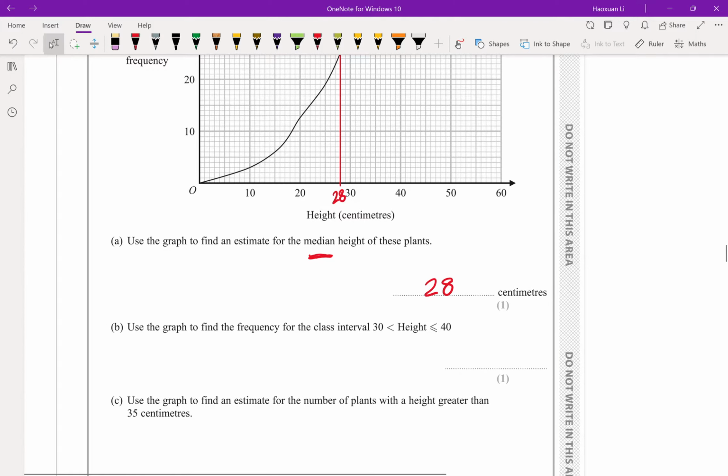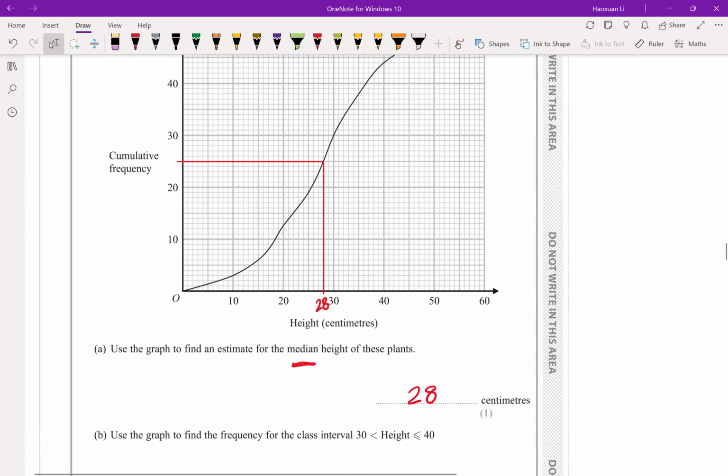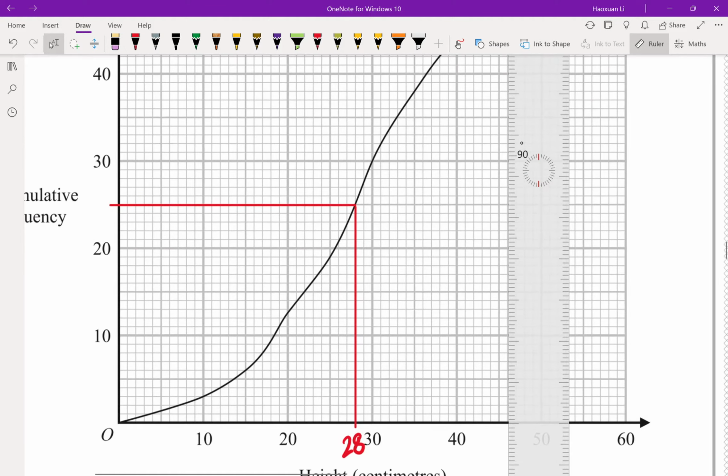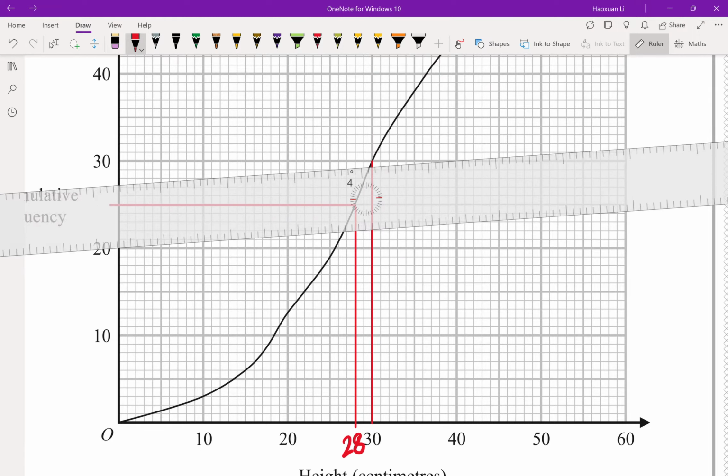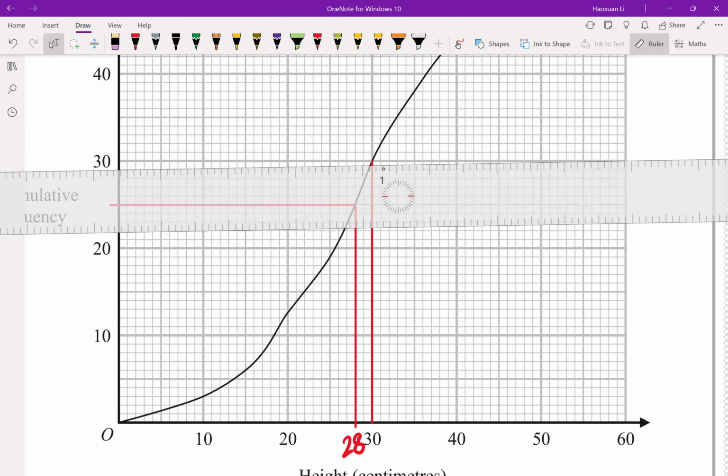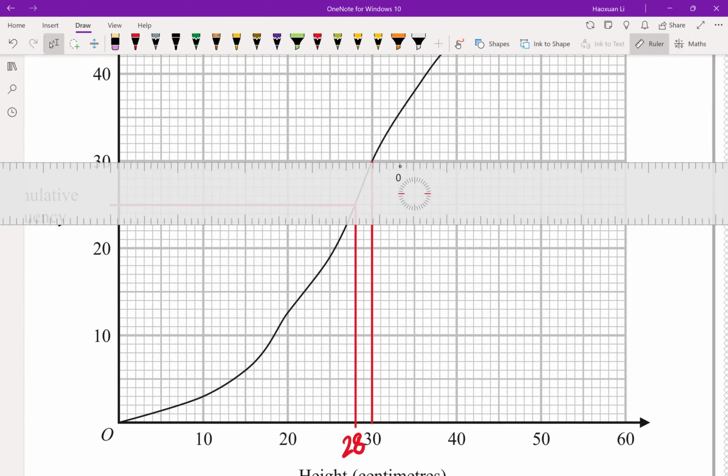Use the graph to find the frequency of the class interval between 30 and 40. So you draw a line on 30 upwards and you find 30 here.